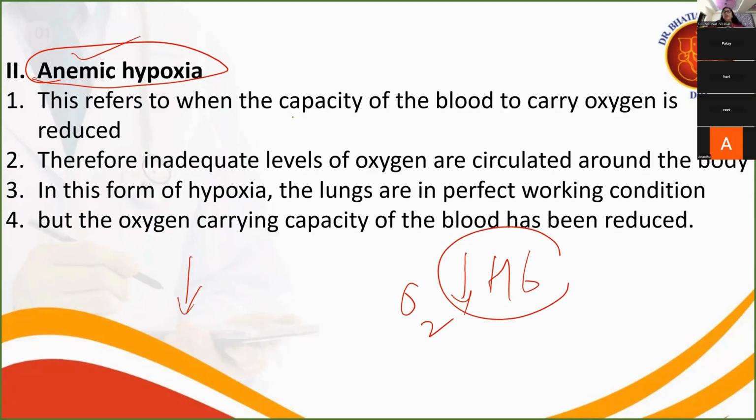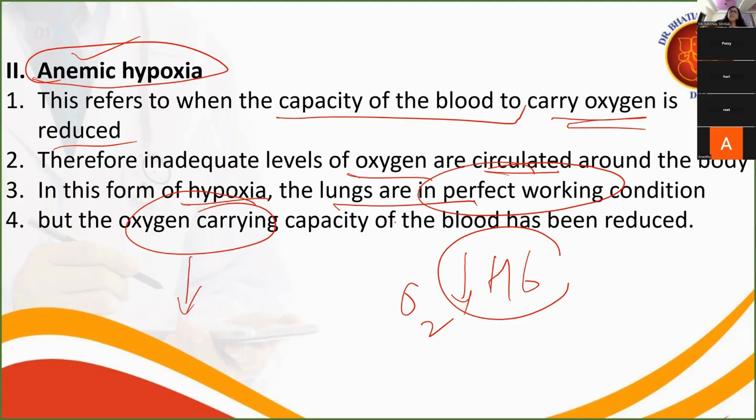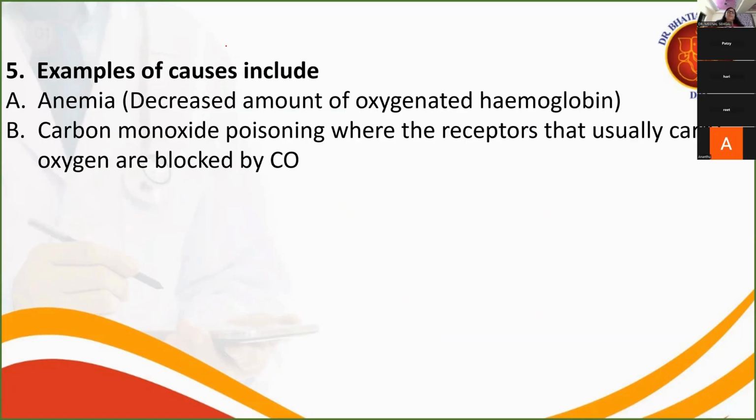So this refers to the capacity of the blood to carry oxygen being reduced. Therefore, inadequate levels of oxygen are circulated around the body. Here the lungs are perfect. There's no ventilation defect, but the oxygen carrying capacity of the blood is reduced, and that is known as anemic hypoxia. And this will cause tissue hypoxia.